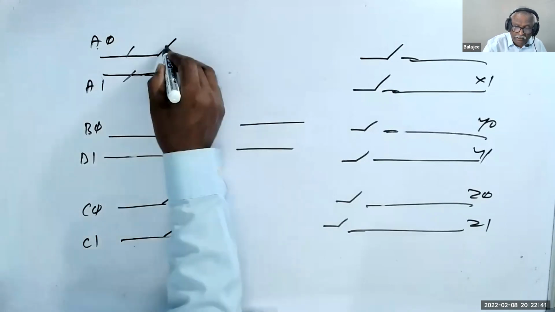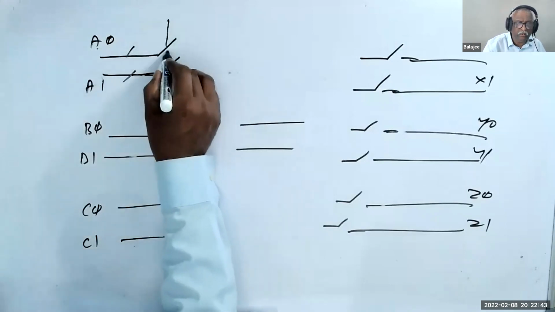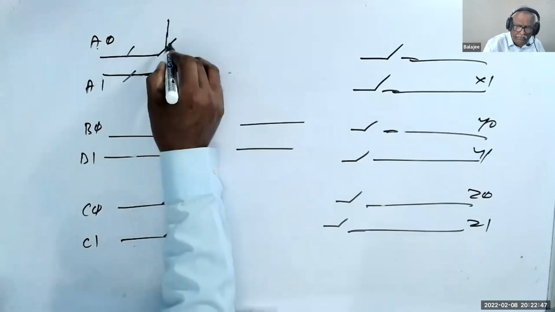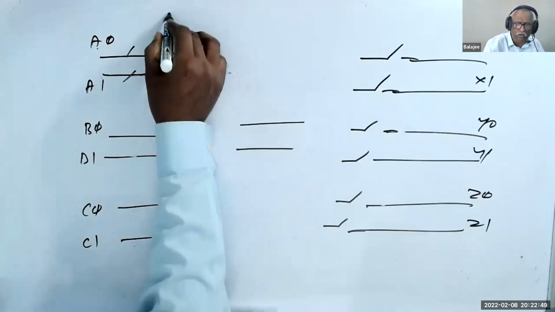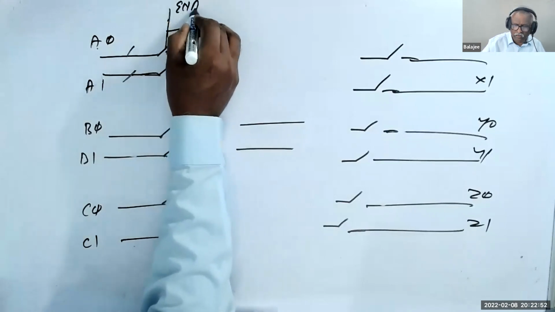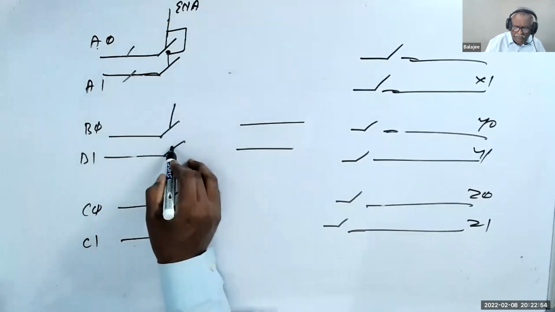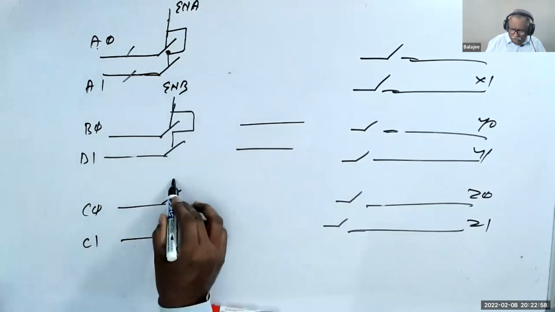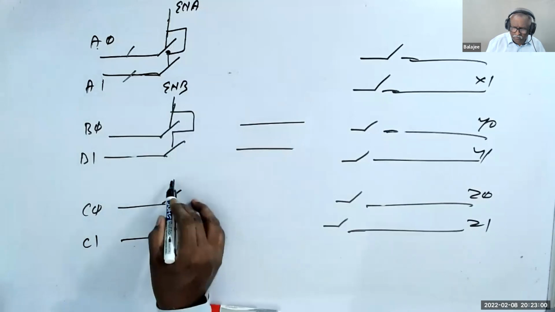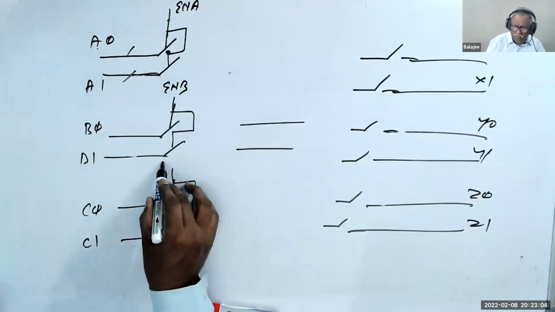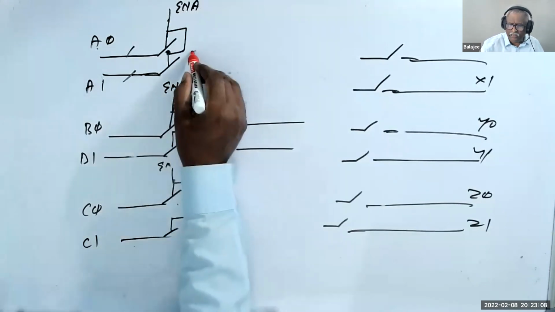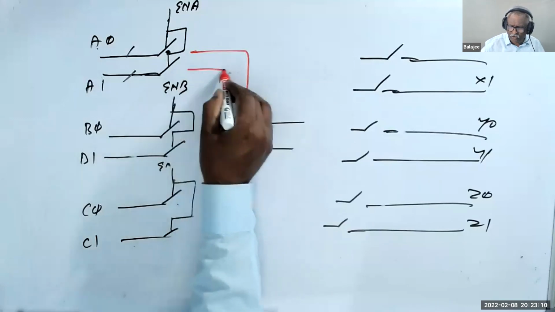These two switches are controlled by the same signal called enable A. These two are controlled by the same signal called enable B. These two are controlled by enable C. Now what is happening? We have connected them like this. See here, this is connected to this. This is connected to this.